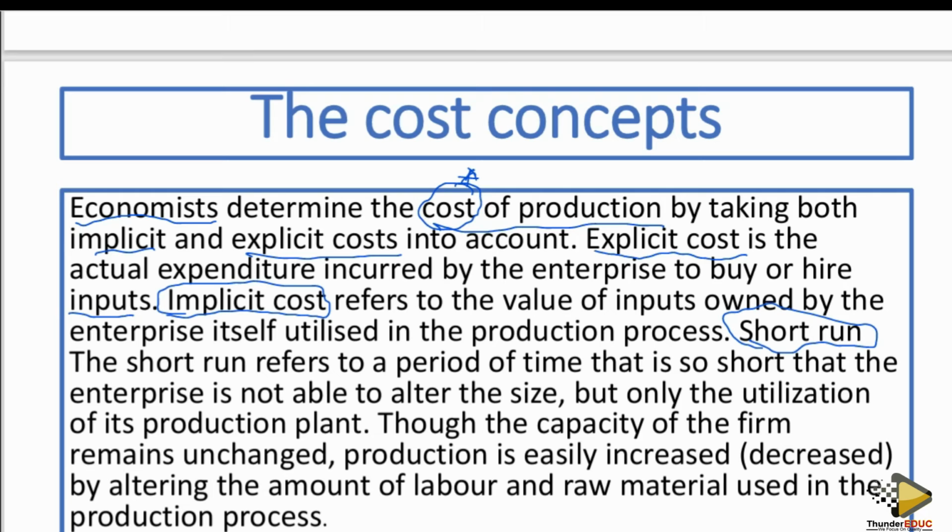The same thing applies with capital. Say you go to the bank to take a loan. If they charge you a certain rate of interest, say 20%, you are going to pay that 20% of the amount you have taken from the bank within the period of 12 months. After those 12 months have elapsed, that's when they can increase the interest you have been paying.